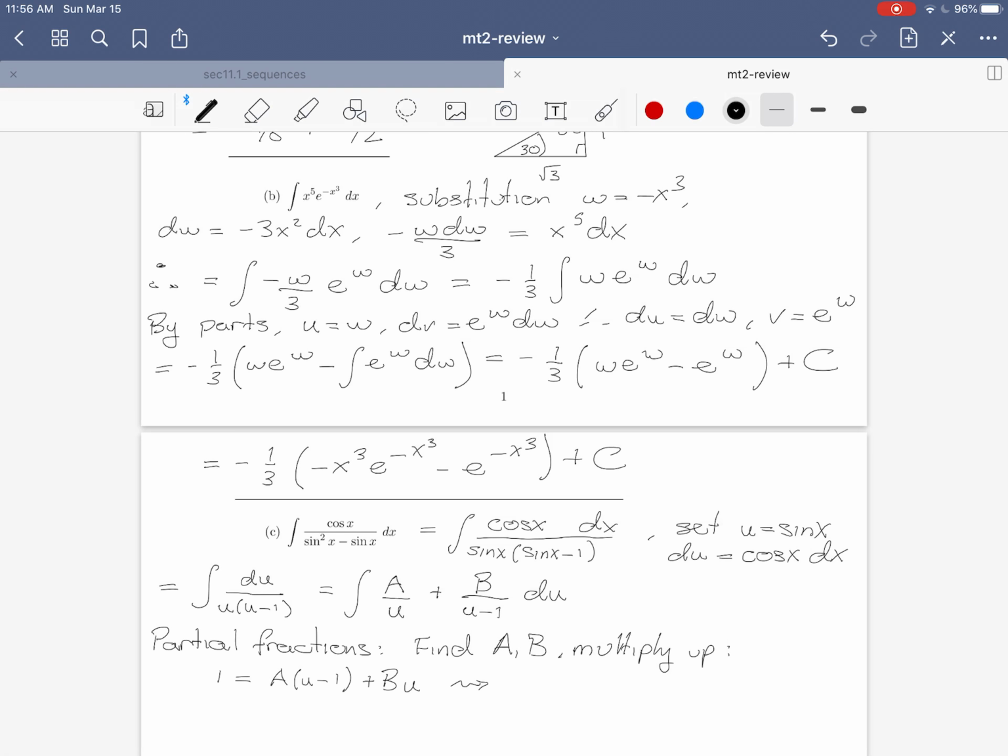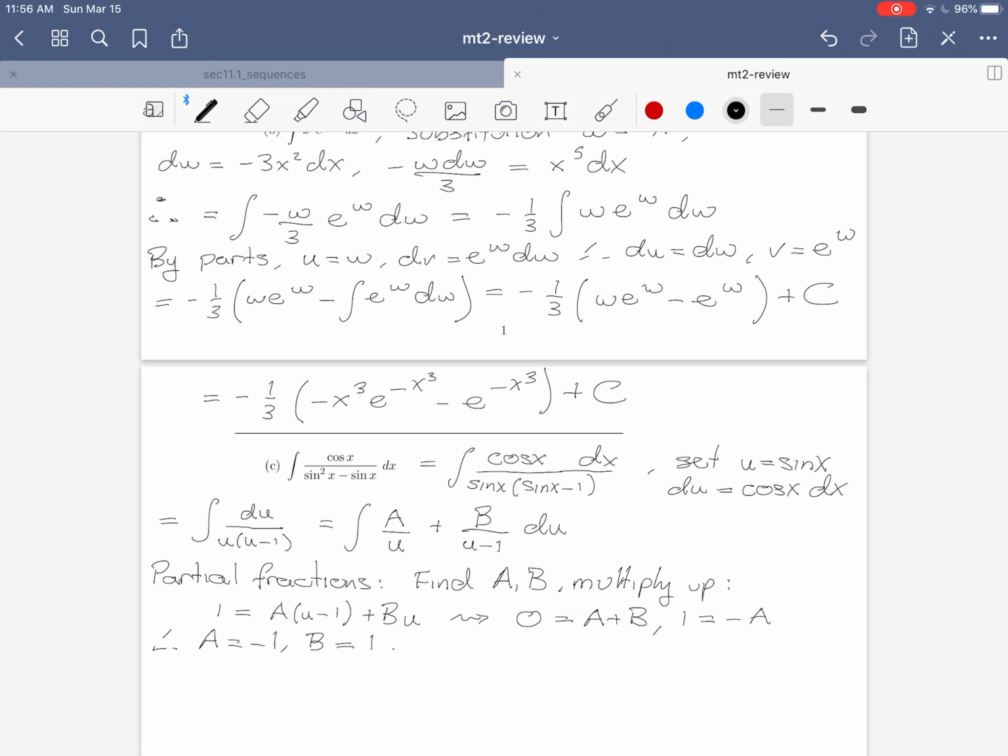So now we compare coefficients. On the left-hand side, our u coefficient is 0. So we get 0 is equal to a plus b. And on the left-hand side, our constant coefficient is 1, and on the right-hand side, our constant coefficient is negative a. So therefore, a equals negative 1, and b is equal to 1.